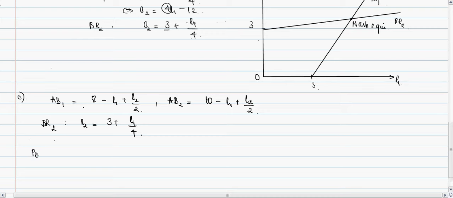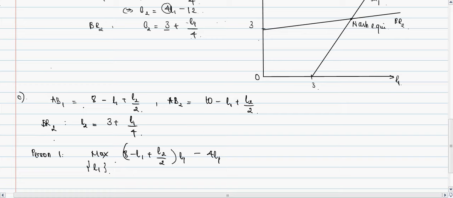So for person 1, again we will choose how to do the problem. Say person 1 again will be maximizing the total benefit minus the total cost, which is the average benefit multiplied by L1 minus 4L1, and this person will be choosing L1.